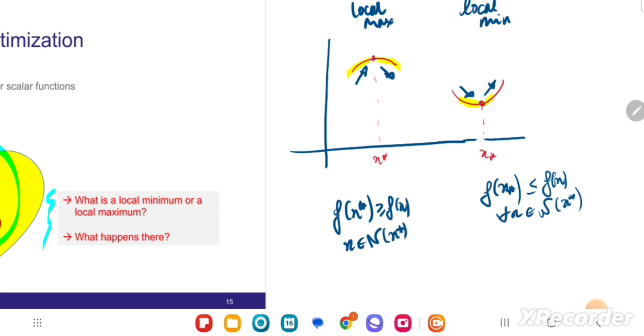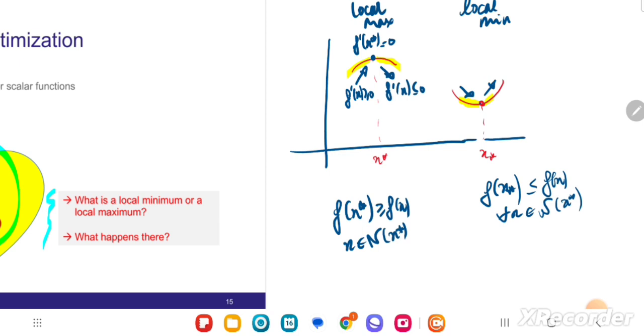You know that we can translate the monotonicity of your function into the sign of the first order derivative. So the first order derivative is positive here and negative here. If it's continuous, it has to cancel here, because it goes from positive values to negative values.